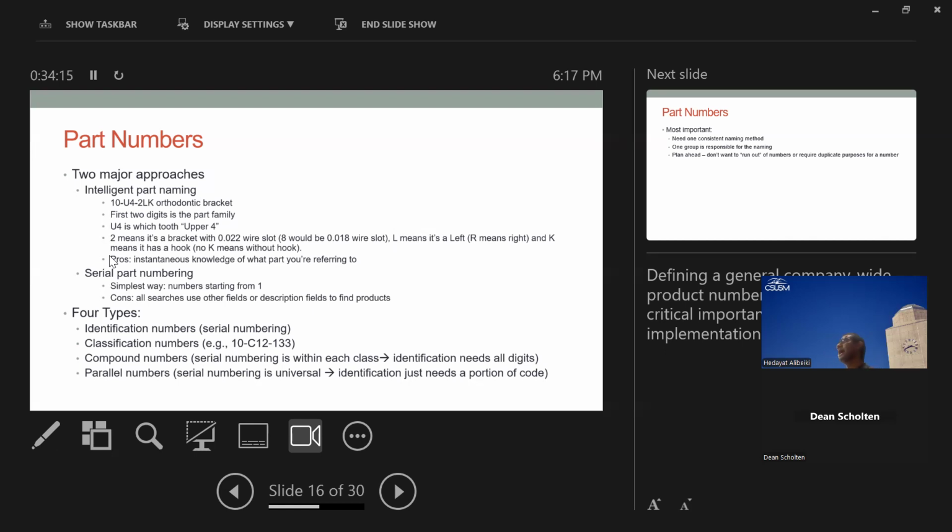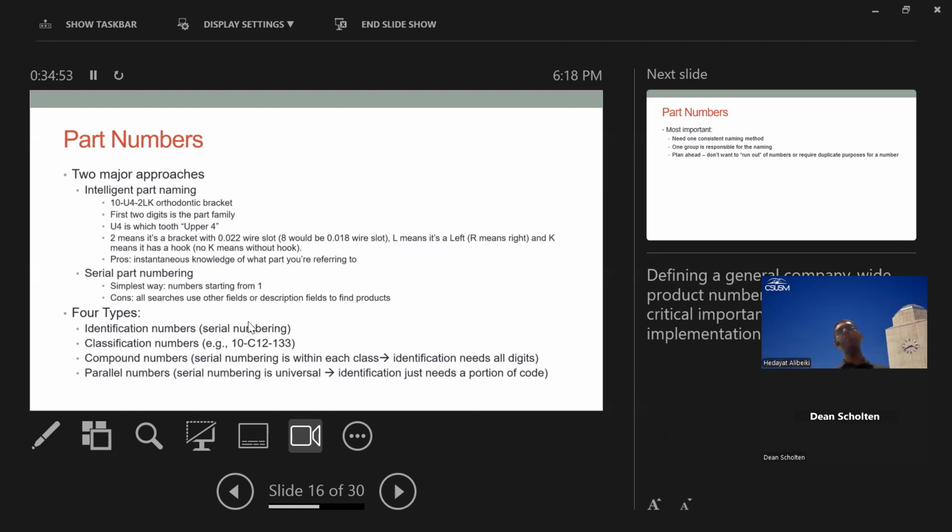In the sense that they can classify the product and say what year, what model this product is, is it a finished product, is it a work in progress, is it raw material, what type of product, what year, what model, and then, let's see, the serial number. So when we combine these two services, we have the 4 types of numbering. I mean, each one has pros and cons.